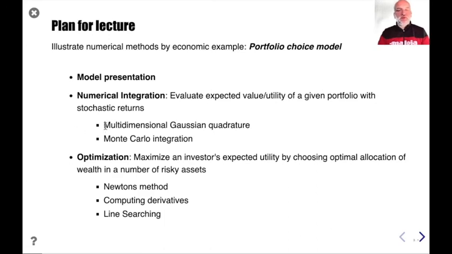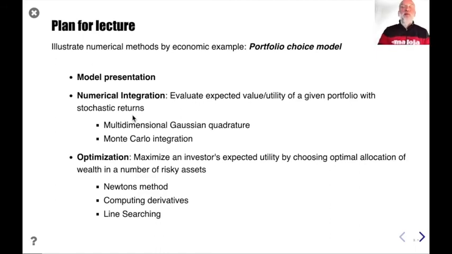Okay, so that's for numerical integration, and then optimization will focus mostly on how to apply Newton's methods in this particular example. You obviously need maximization in order to maximize expected utility. So we'll look at how you actually do that.